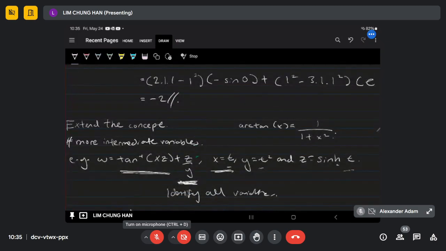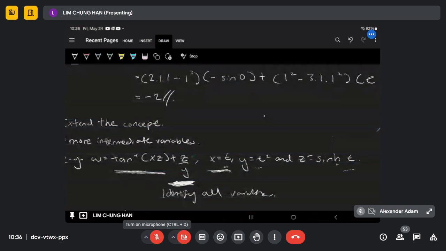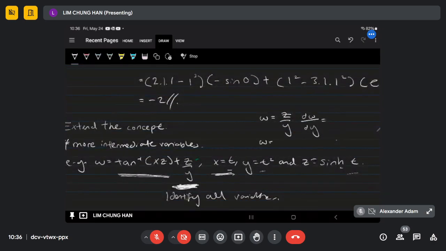Okay, the next term, z over y. Now, z is a constant. y is something we want to differentiate. So you need to bring y upstairs: y to the power -1.